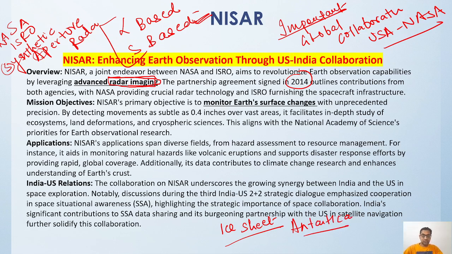Within a certain period of time, it will let us know whether the ice sheet has increased or decreased, providing exact data. The whole project cost is around 1.5 billion dollars. NISAR is likely to be the world's most expensive earth imaging satellite.